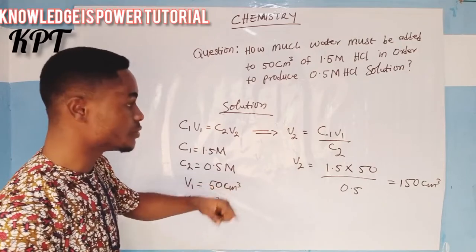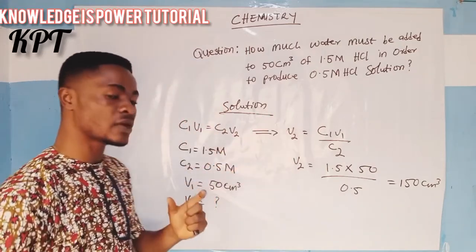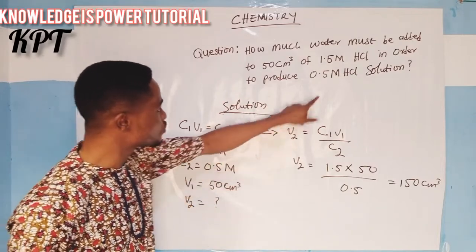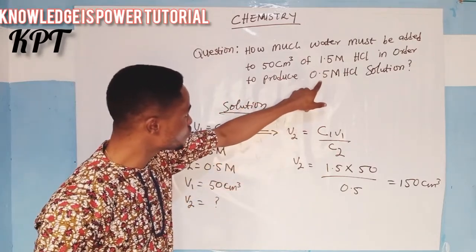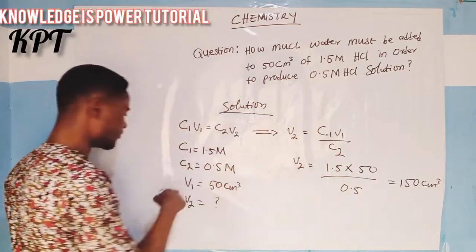So like I said before, this V2, which in this case is 150 cm cubed, is the final volume of acid when water was added. Now for us to know the volume of water that was added to make this acid reduce from 1.5 to 0.5, we are going to say V2 minus V1.